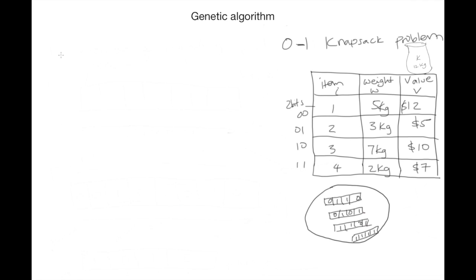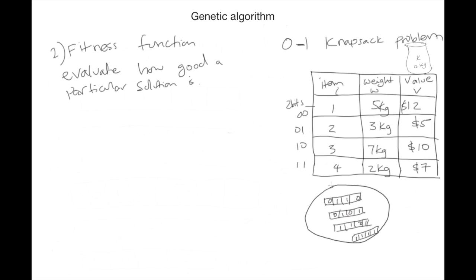The next problem-specific step is to determine the fitness function, which is used to evaluate how good a particular solution is. For this population of chromosomes, we can take each chromosome and evaluate how good of a solution this chromosome represents.